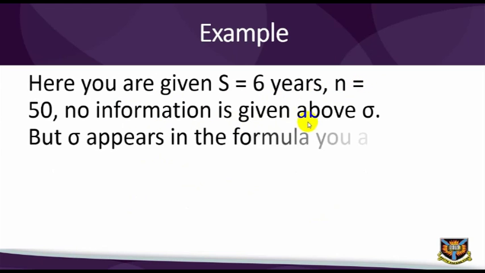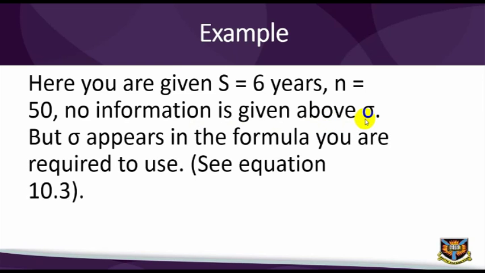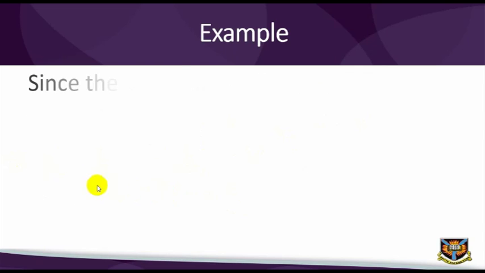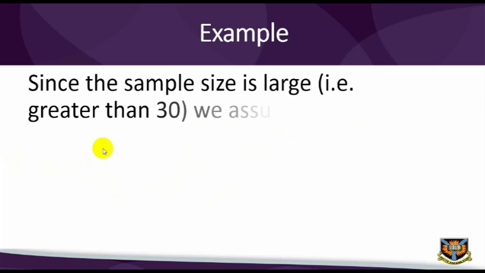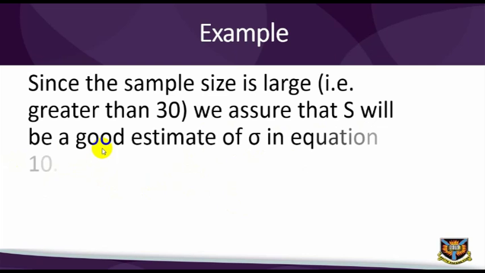No information is given about sigma, but sigma appears in the formula you are required to use. See equation 10.3. Since the sample size is large, that is greater than 30, we are sure that S will be a good estimate of sigma in equation 10.3. Step 1.